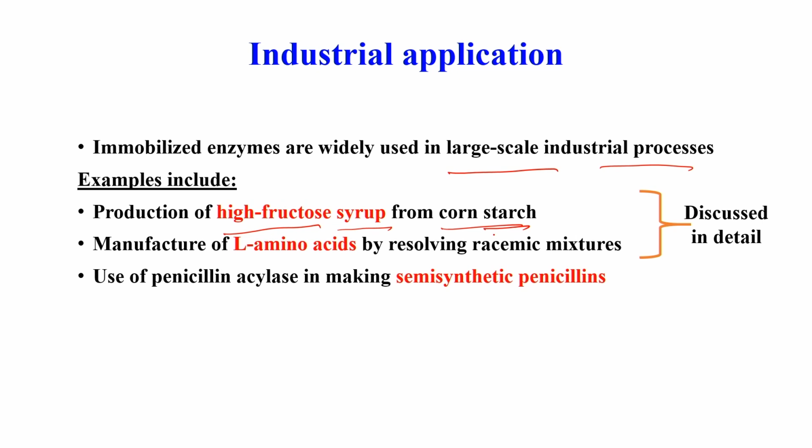Typically, the sweetness level of fructose is higher as compared to glucose, so it is better we keep the syrup rich in fructose rather than glucose. Other examples are the manufacture of L-amino acid by resolving a racemic mixture and the use of penicillin acylase in making semi-synthetic penicillins.